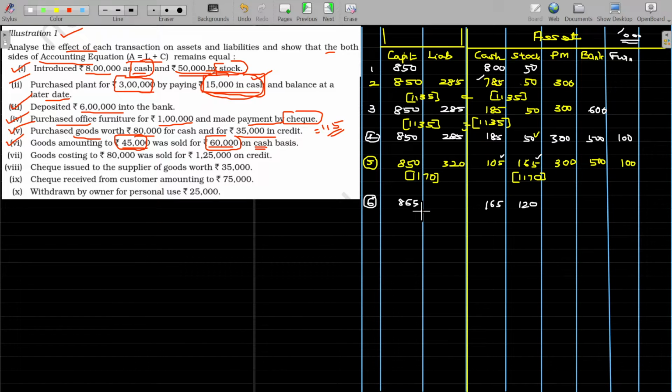Now what is the value? Liabilities 320, and then plant and machinery 300, bank 500, furniture 100.